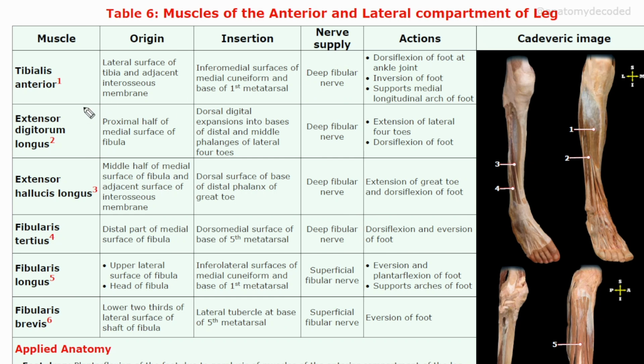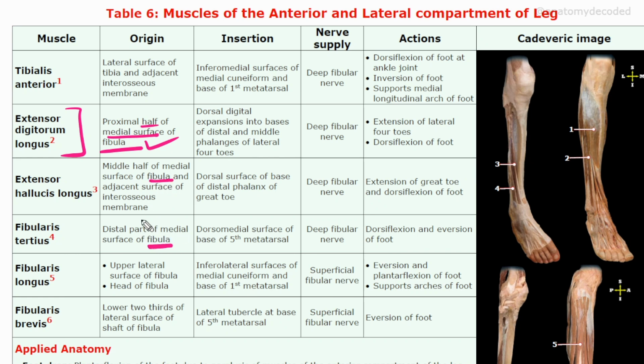Then the next muscle is extensor digitorum longus, which arises from the proximal half of the medial surface of the fibula. Note that amongst the 4 muscles in the anterior compartment, 3 muscles arise from the fibula: extensor digitorum longus, extensor hallucis longus, and fibularis tertius.